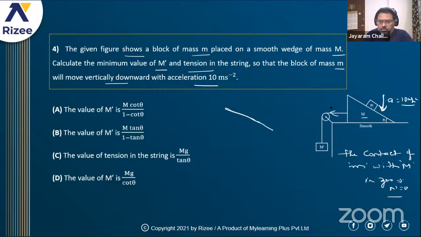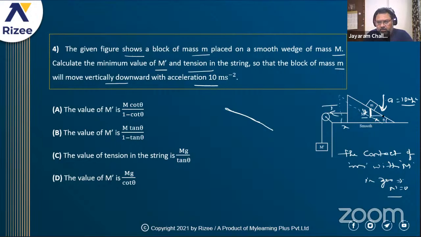So here the tension is going to be pulling in this case. Suppose it comes by a distance of some x here, or this distance is x, then it will move by a distance of some y.